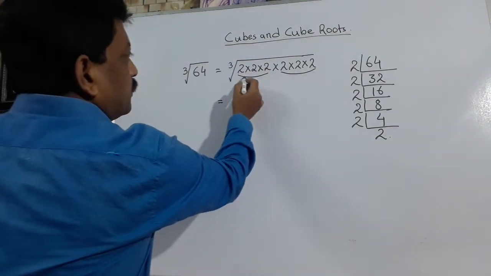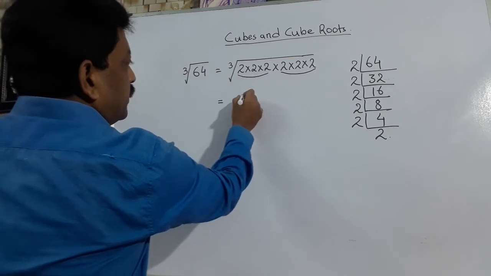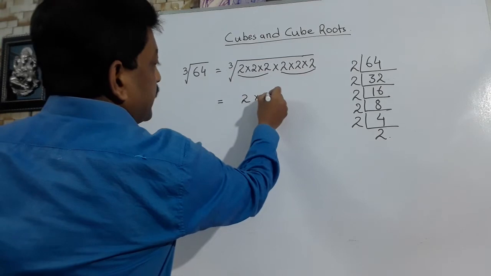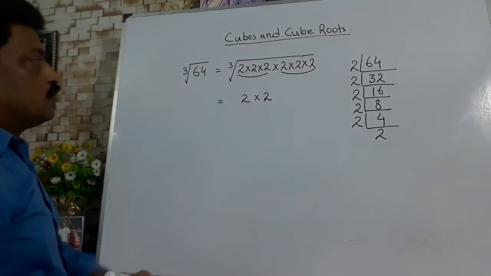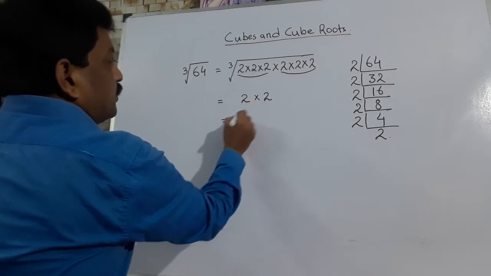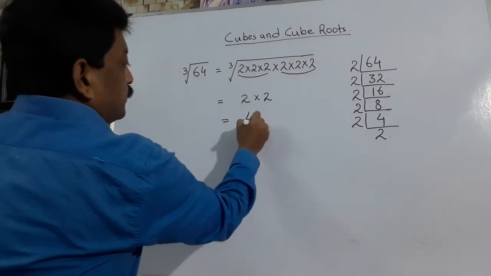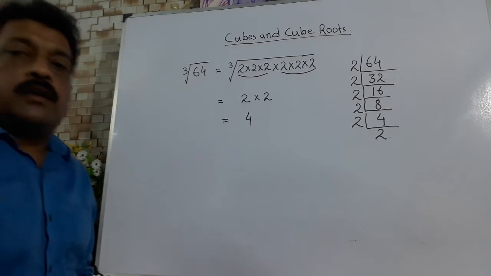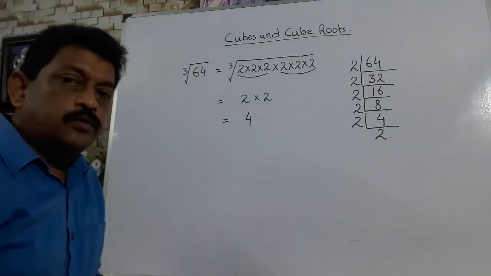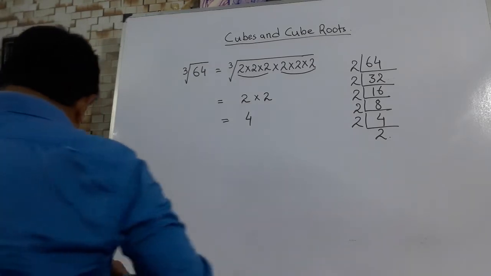So here 2 is forming a triplet, take one 2 from here and one more 2 from the second triplet. So we are getting the answer as 2 multiplied by 2, that is 4. Therefore we can say that the cube root of 64 is 4. Understood? Let me give one more example.